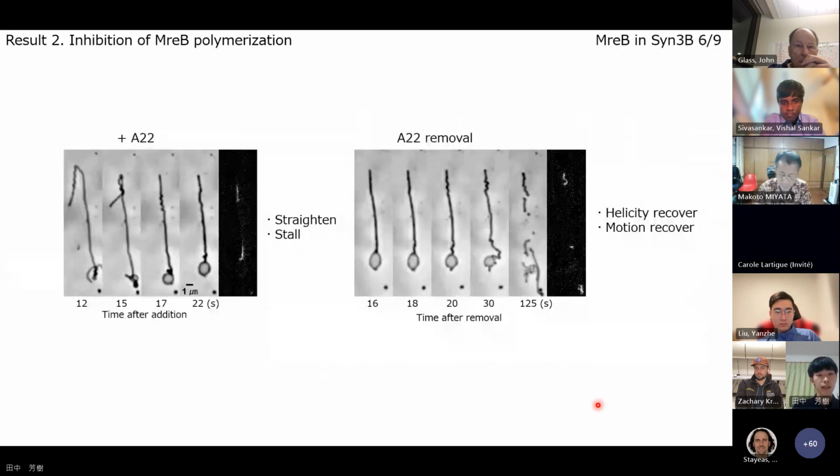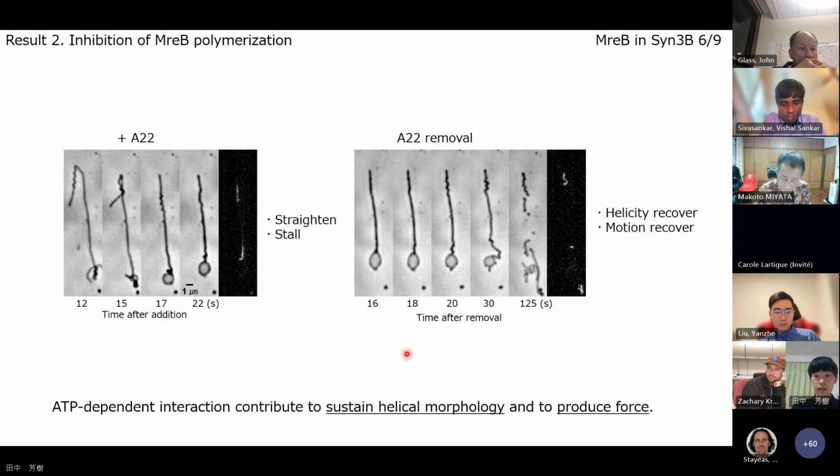Like this, the helical moving cell straightened and stalled after addition of A22, and helicity and motion recovered after A22 removal. This result suggests that the ATP-dependent interaction of MreBs contributes to sustaining helical morphology and to producing force.